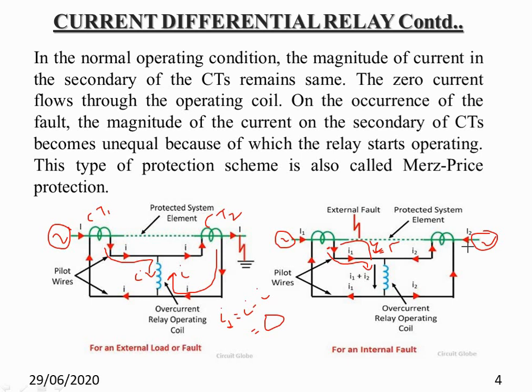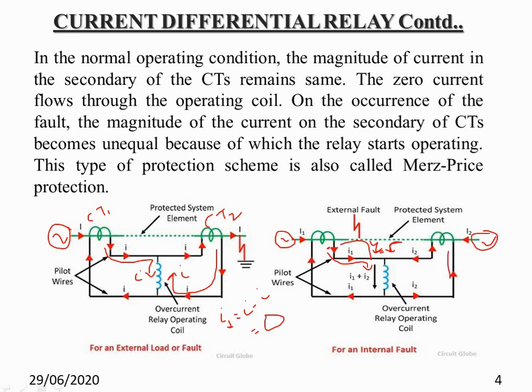Now if no fault occurs, then this difference current will become zero. As soon as the fault occurs, excessive current will flow in this direction. Here is the I2 current. The normal direction of this I2 current was in this direction.